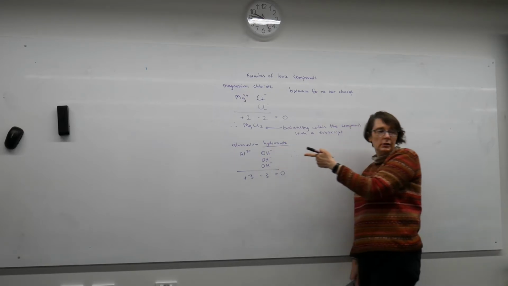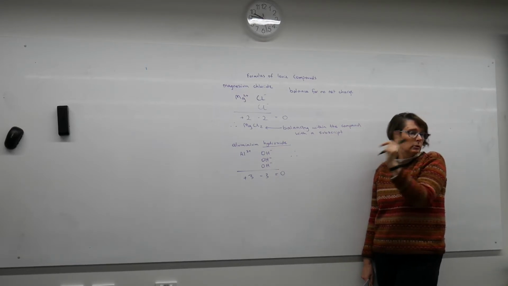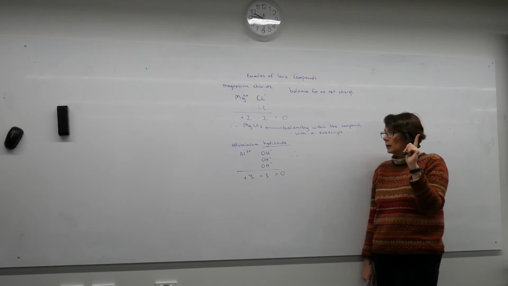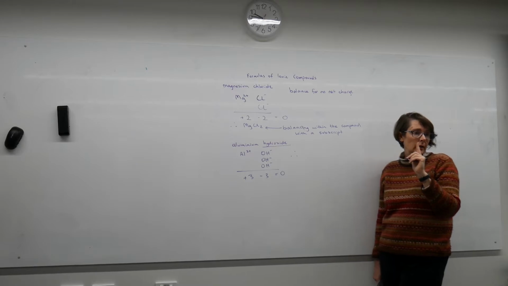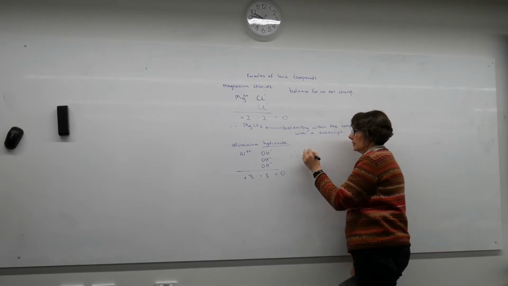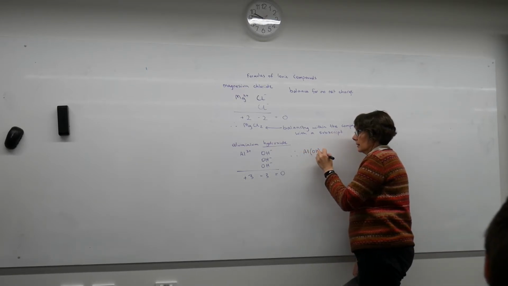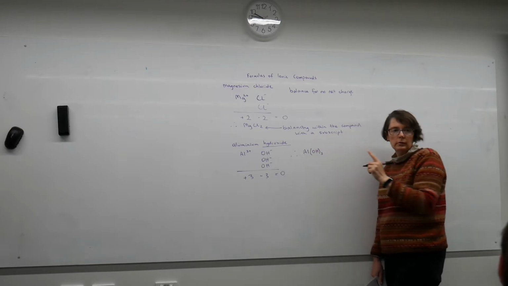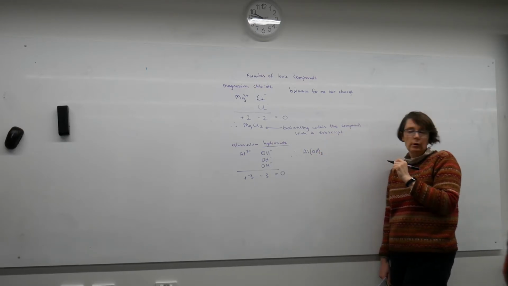But because this is a complex ion, it's not just one thing, I need to use a bracket to say that my 3 here is for the whole thing, the whole hydroxide.